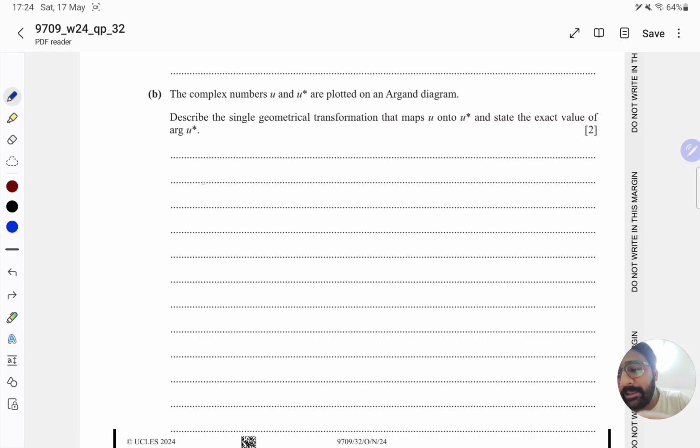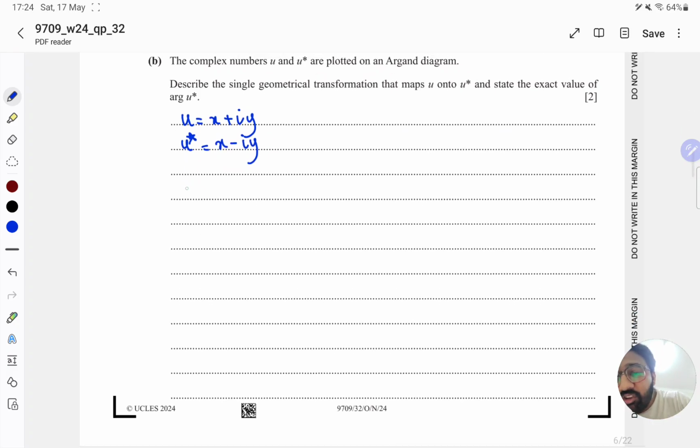So basically u is x plus i y, and u star will be the conjugate of that, which will be x minus i y. We also know the argument of u is 5 pi by 7. This is the first step.